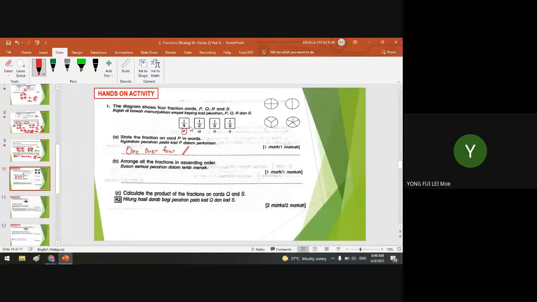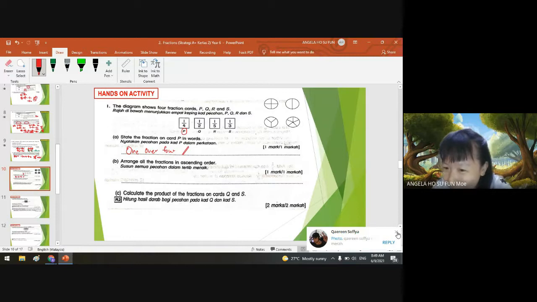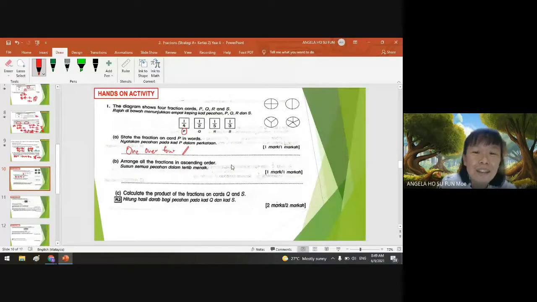Anybody from 6 biru, 6 hijau? Who wants to answer? Maybe you can raise up your hand and teacher Young will call your name. Karin. Kairin. 6 merah. Anyone volunteer?